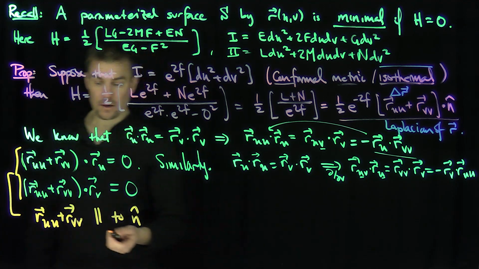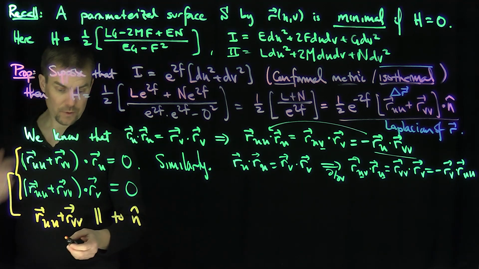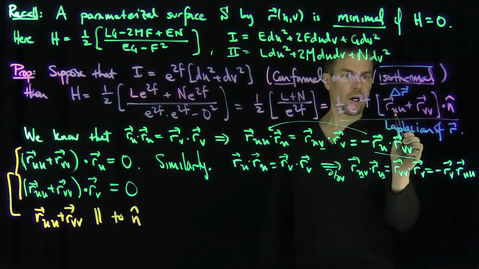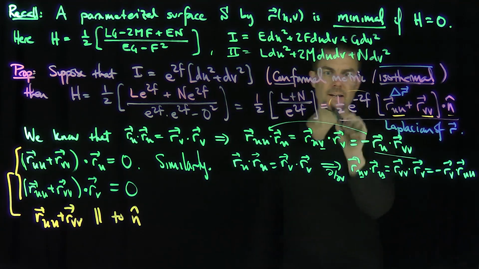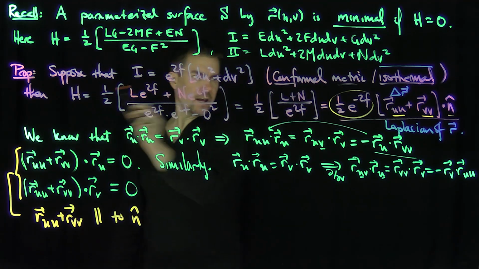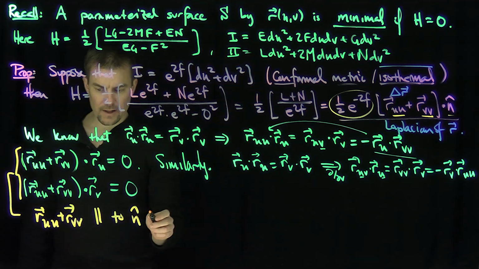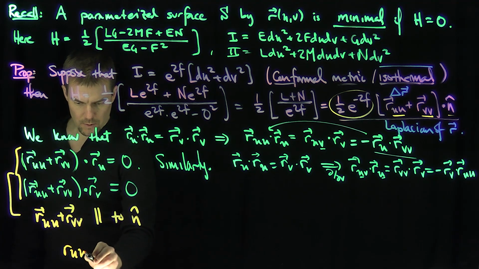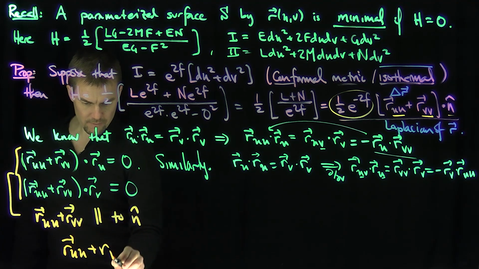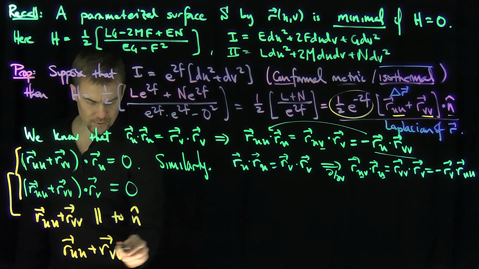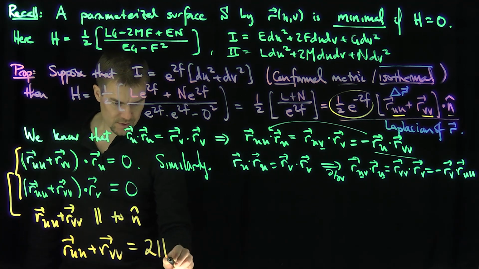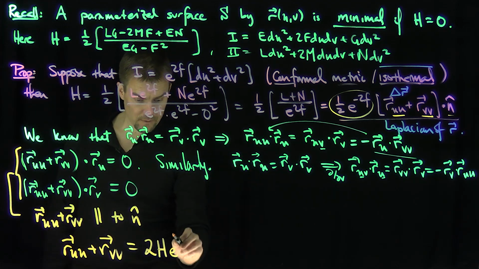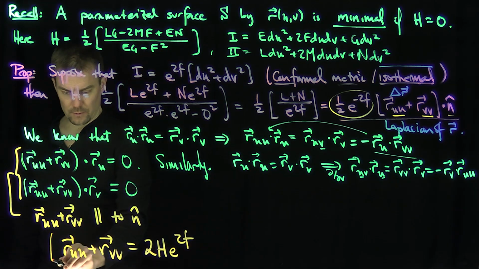And how do we find the coefficient? R_UU plus R_VV dot n hat is twice H times e to the 2f. So in fact, for these isothermal conformal metrics, R_UU plus R_VV is equal to 2 times the mean curvature times e to the 2f. Beautiful.